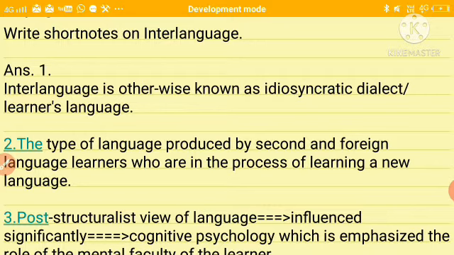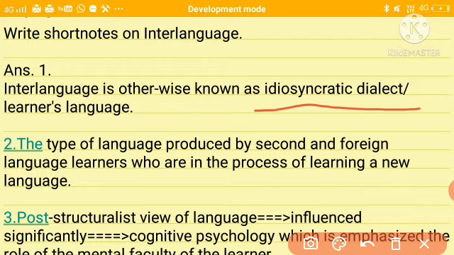As a language teacher or English teacher inside the classroom, we have to practice what is the interest of the learner, what are the learner's motives. That's why interlanguage is otherwise known as idiosyncratic dialect or learner's language. Very important: you have to mention these words whenever the short note arises, write short notes on interlanguage.